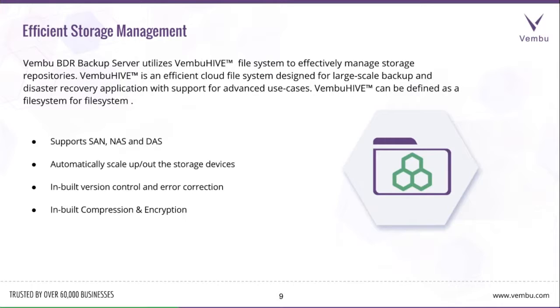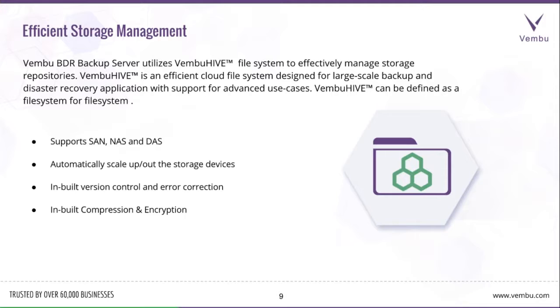We also have efficient storage management with the Vembu BDR. We use our own file system, the Vembu Hive file system, which is an efficient cloud file system designed for large scale backup and disaster recovery applications.